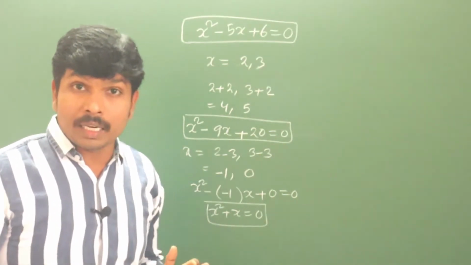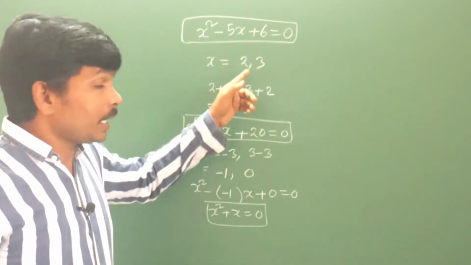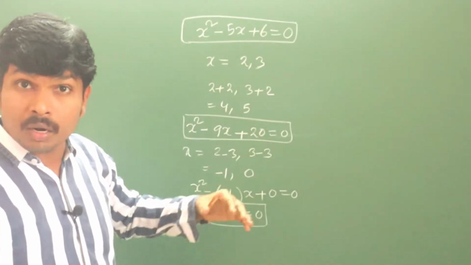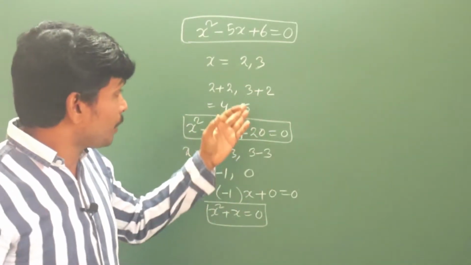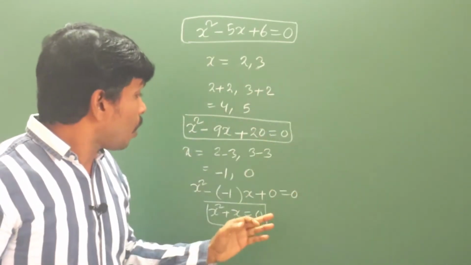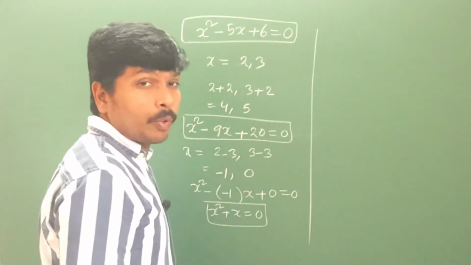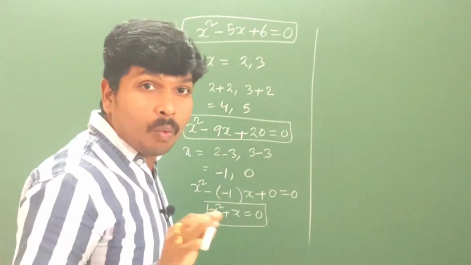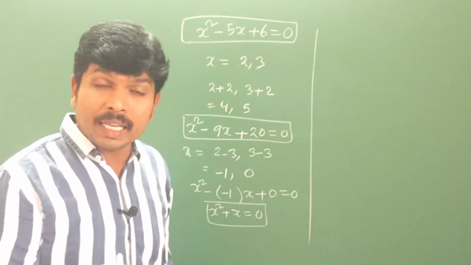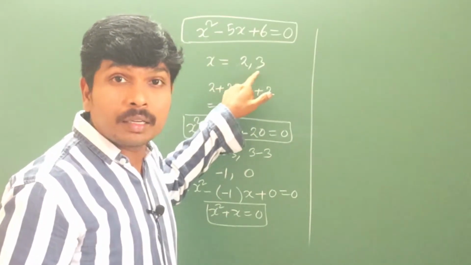Now our target is, we are finding the quadratic equation when the given roots are transformed to some other roots, maybe increased by 2 or diminished by 3. Suppose one more problem. It is our original equation and original roots 2, 3. Now I am asking you the quadratic equation whose roots are 5 times the given roots.